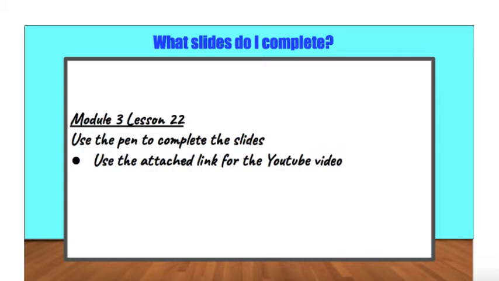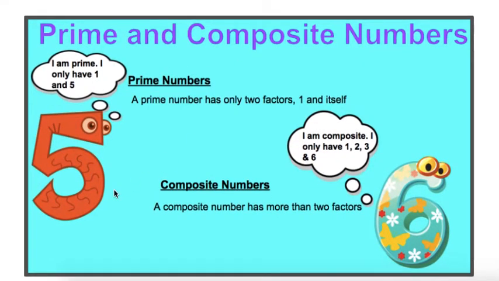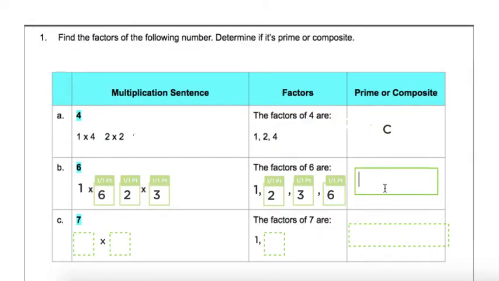Let's look at our anchor chart to see if our number is prime or composite. 4 factors. Prime means it only has 2 factors. Composite means it has more than 2 factors. So what is it? If you said composite, you are absolutely correct. We're going to put a capital C for composite.